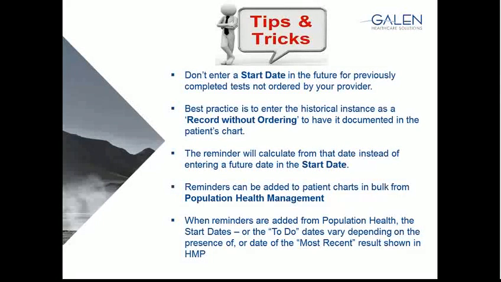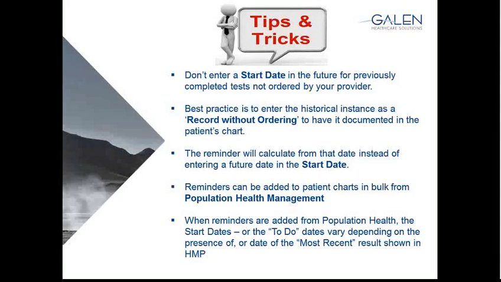So I'd like to share a few tips and tricks. You don't want to enter a start date in the future for a previously completed test not ordered by your provider. The best practice is to enter the historical instance as a record without ordering to have it documented in the patient's chart. The reminder will calculate from that date instead of entering a future date in the start date field.